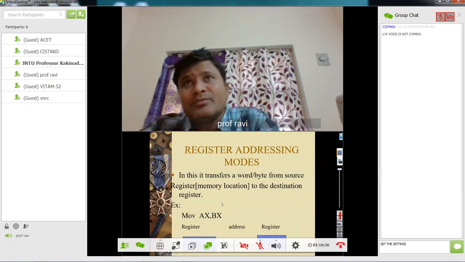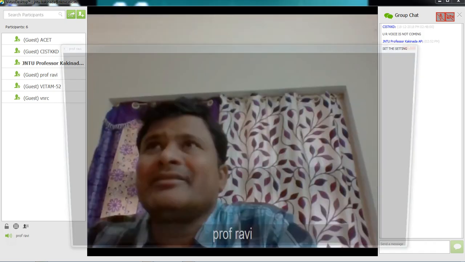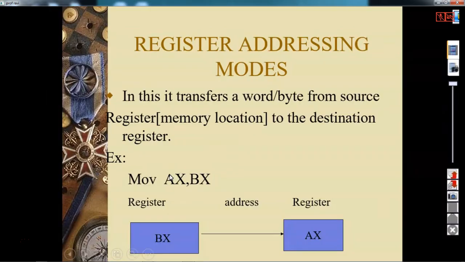A byte or a word is going to be moved into a register. Here the data is in a register and it is moving into a register. So the source is a register and the destination is also a register.